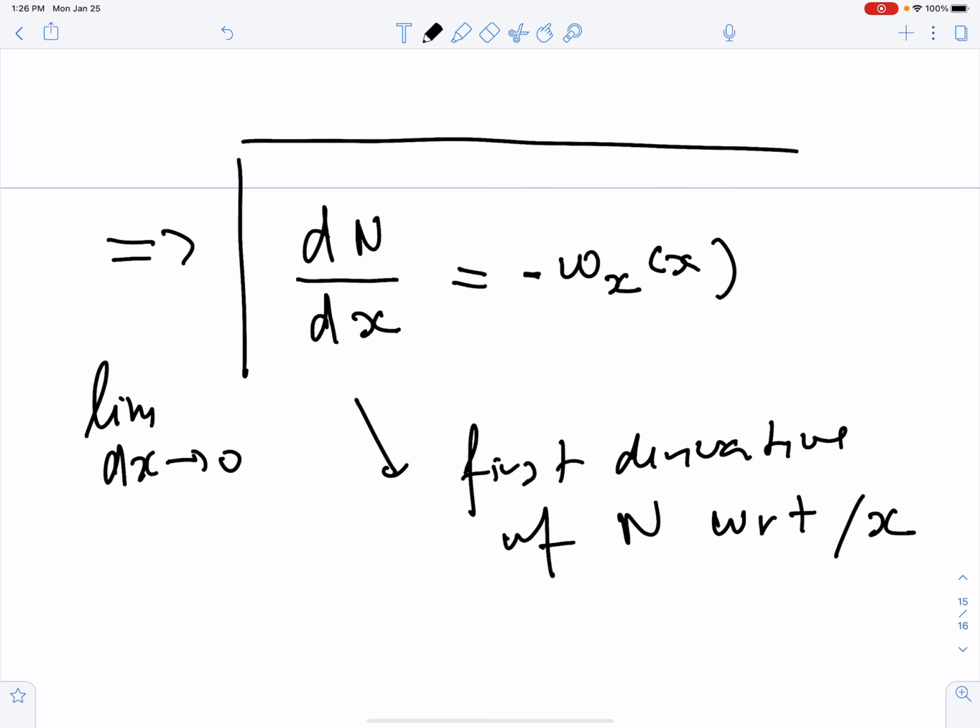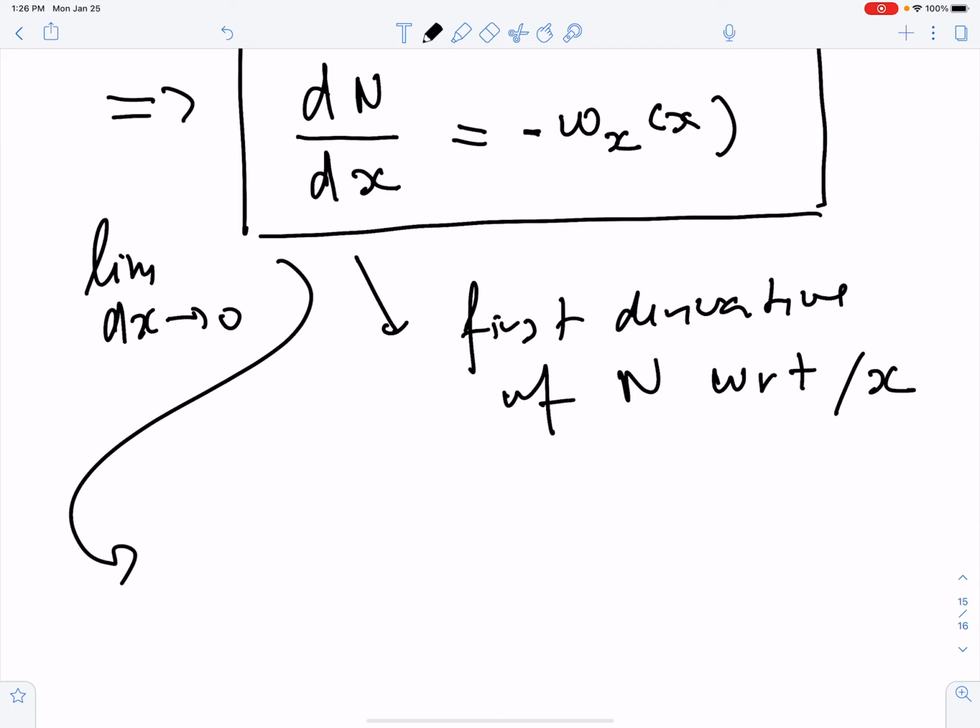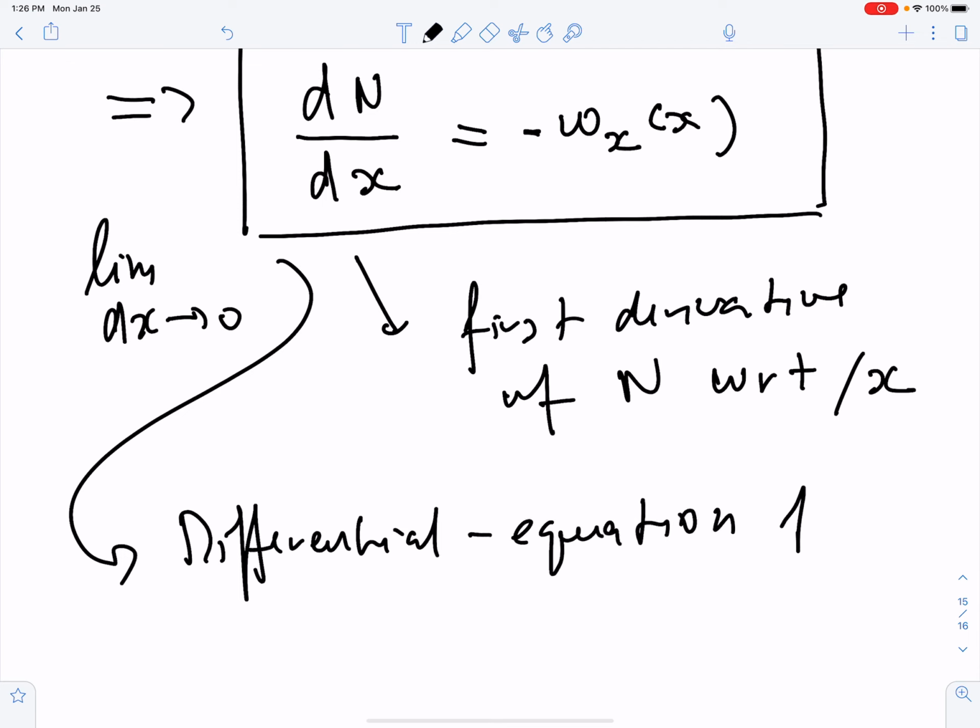And so this is a kind of differential equation form of the force balance.